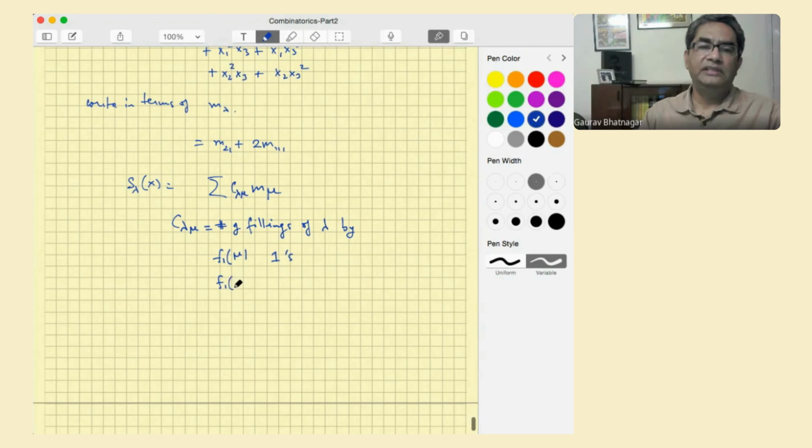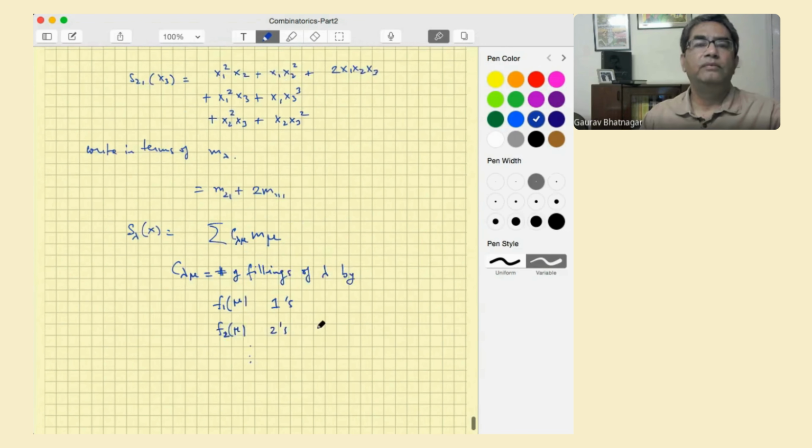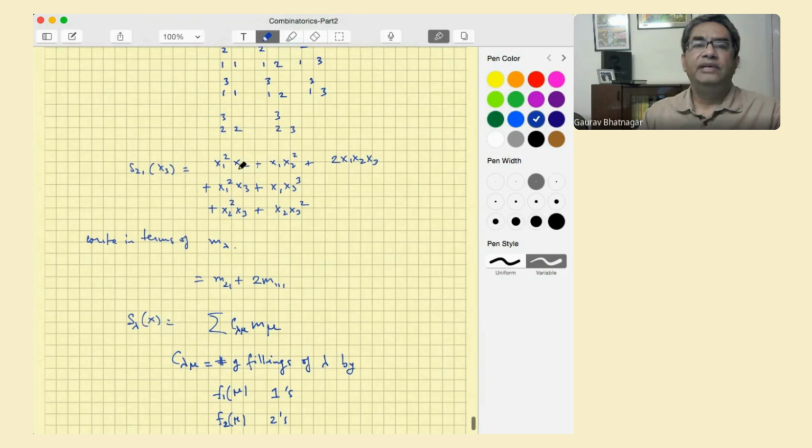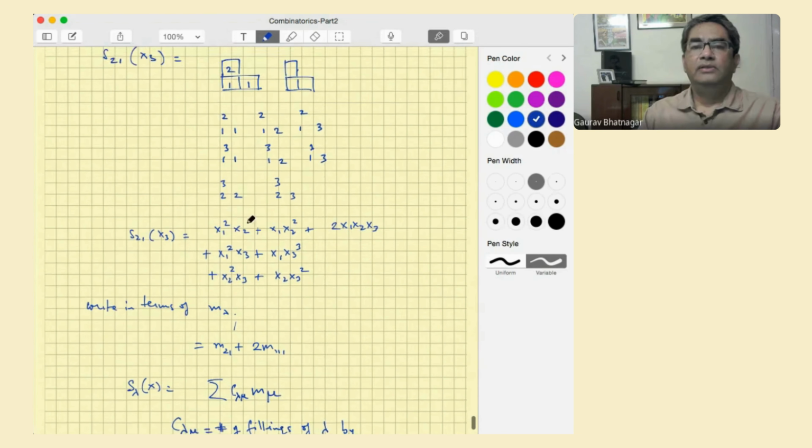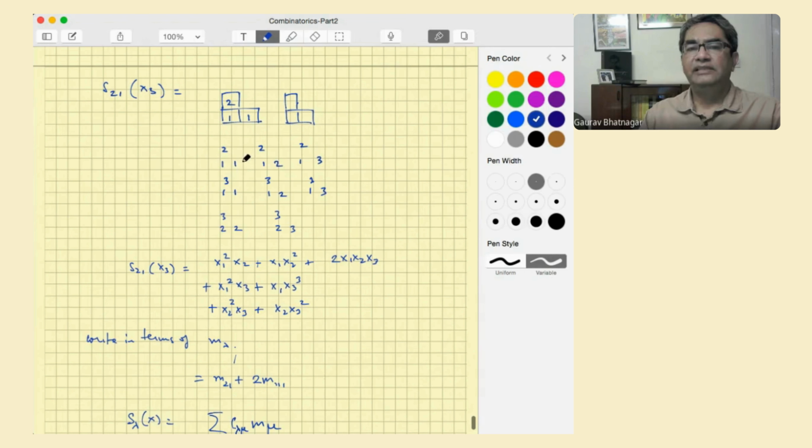F1 mu ones, F2 mu twos, and so on. So what are we saying? We are saying that mu is given by 2, 1. So you want the number of fillings which have two ones and 1, 2.